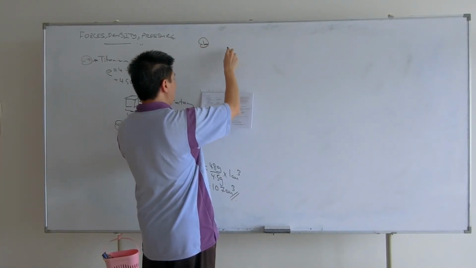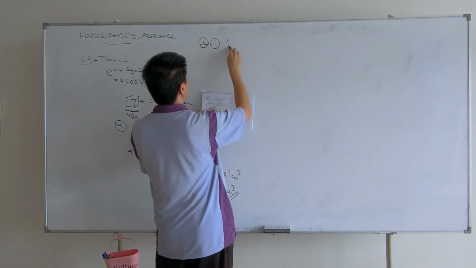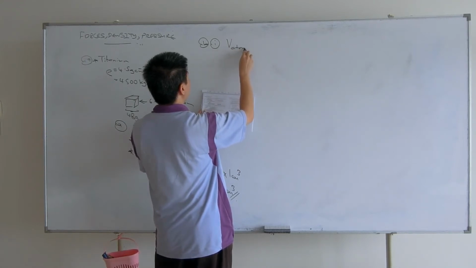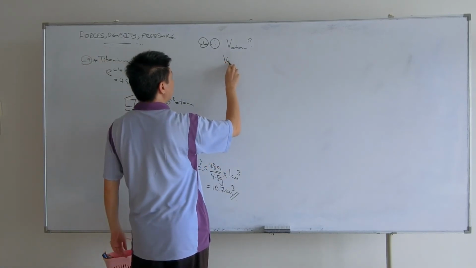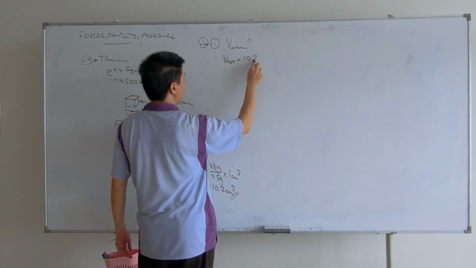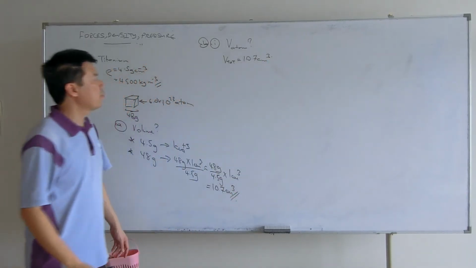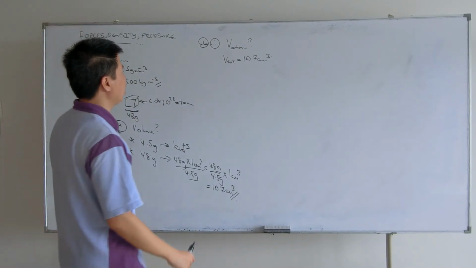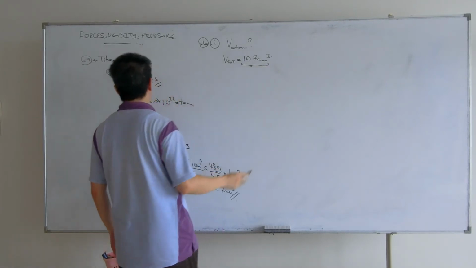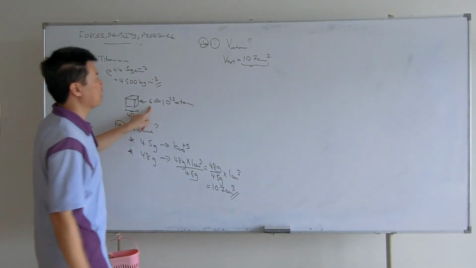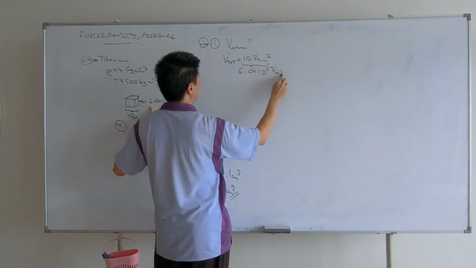B. Estimate the volume occupied by each atom in the cube. So you have to find the volume of each atom. You already have the total volume to be equal to 10.7 centimeter cube. So what is the volume of each atom? For total volume of 10.7 centimeter cube of 48 grams, you have this many atoms, 6.0 times 10 to the 23 atoms.